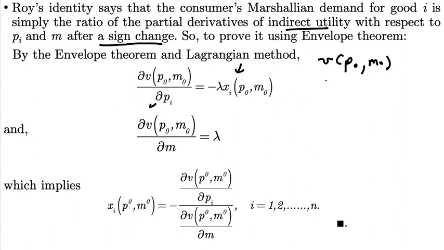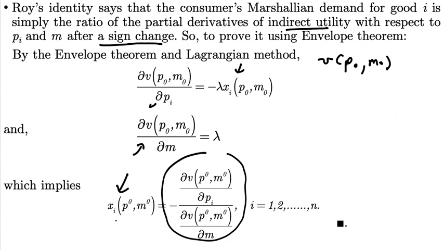If we take the partial derivative of the indirect utility function with respect to income, then this is the way we write it. And then we take the ratio between these two, and we have a minus sign here, don't forget. What it implies is that when you take the ratio of these two different types of derivatives, you can get the Marshallian demand for good i.